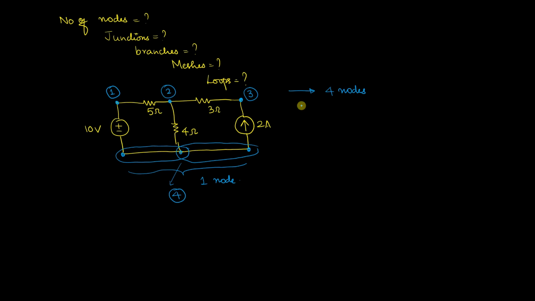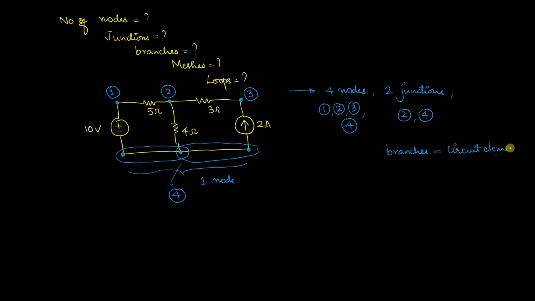and the junctions that you see are 2 junctions. I will write the nodes 1, 2, 3 and 4. The junctions are 2 and 4. And then we have to mention the branches. Branches, as we discussed, correspond to the number of circuit elements that are present in the circuit.